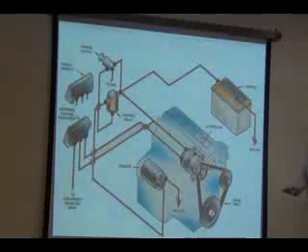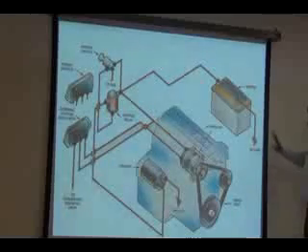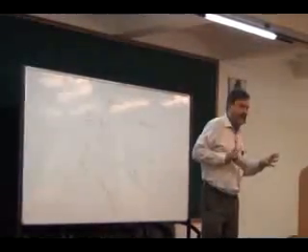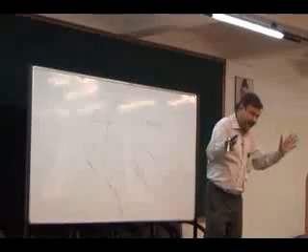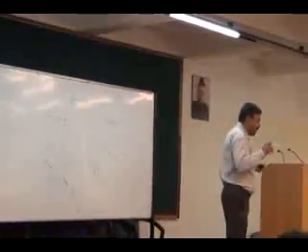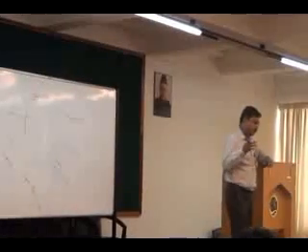Can you hold it for a moment? This is the entire electrical system. Your ignition system is part of a larger electrical system in the automobile. What is the functionality of an electrical system?